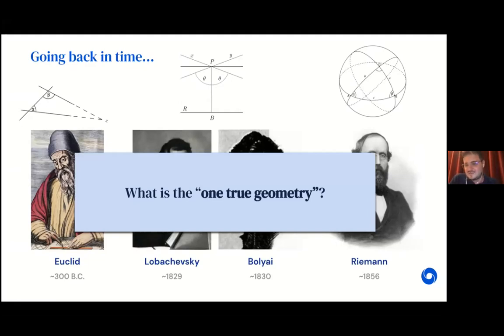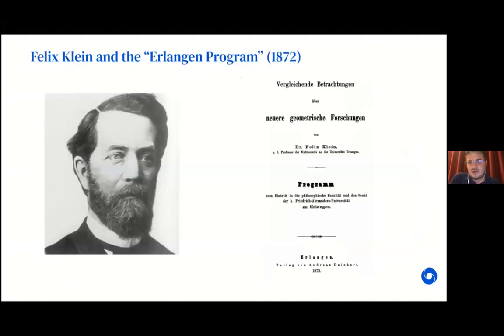The foundations for the solution to this problem were laid about 20 years later through the work of a young German mathematician by the name of Felix Klein, who had just been appointed to a professorship position at the University of Erlangen in Germany.